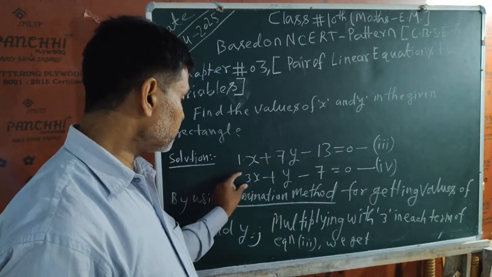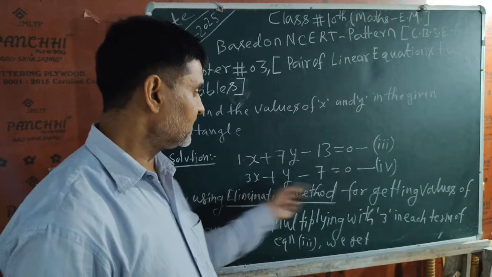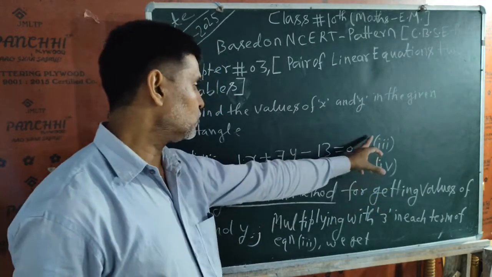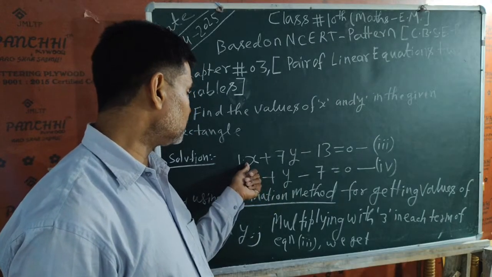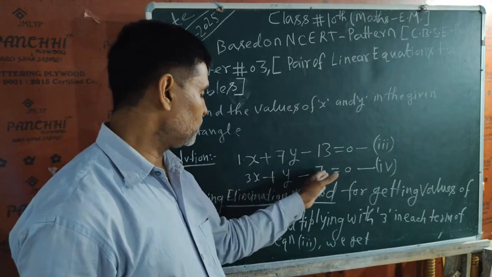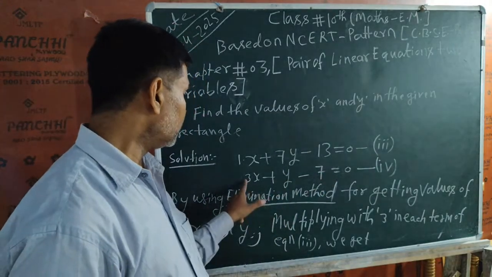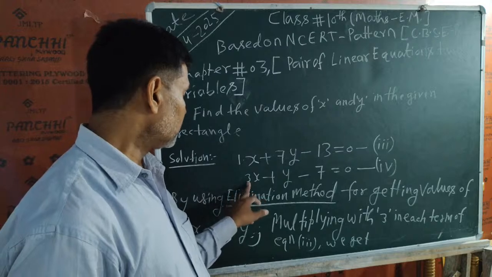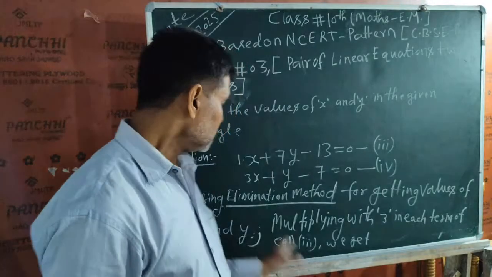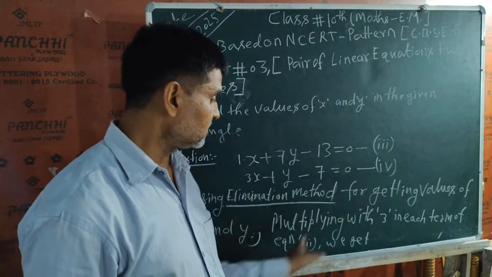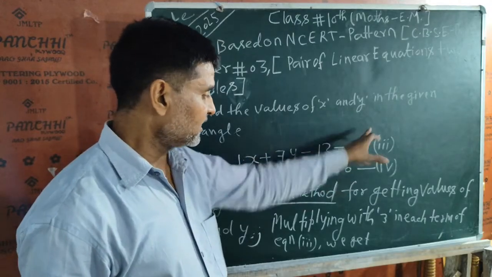So I will multiply the coefficient of x in equation number 2 with 1, so there will be no change. Only in equation number 3 I am going to multiply each term by 3, and then we get.